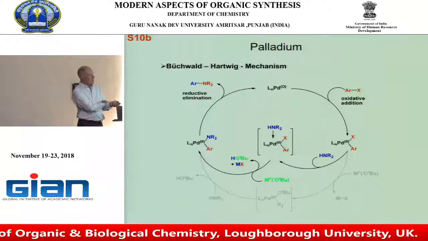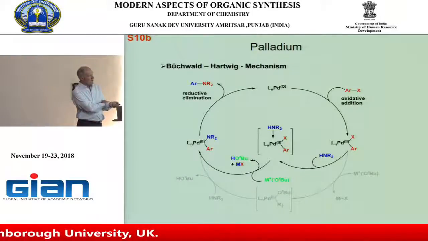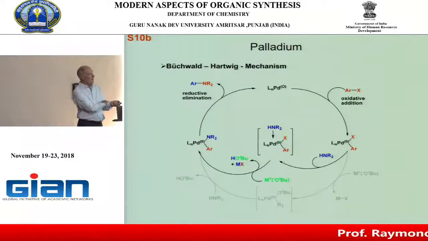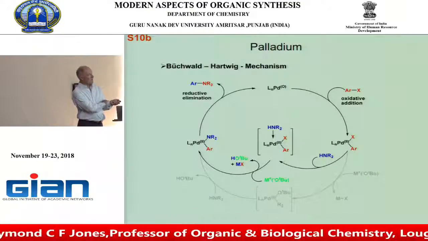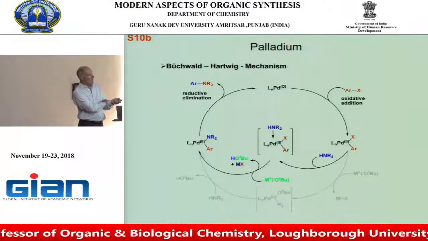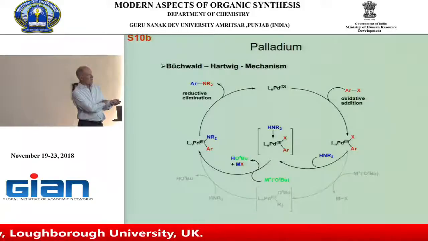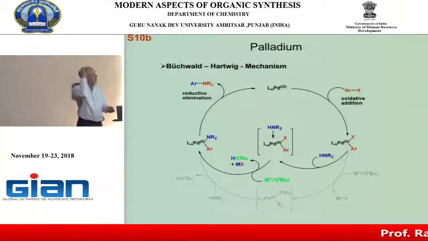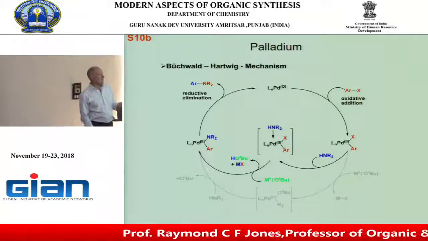Base then, I'm sorry this green does not really show very well, but that's a metal tertiary butoxide, a metal alkoxide base, and that's effectively exchanging out, taking out an H from the amine and the X, which was the leaving group that you put in, and that allows the amine to complex as an amide ligand to the palladium.